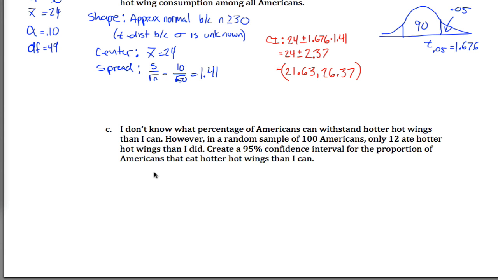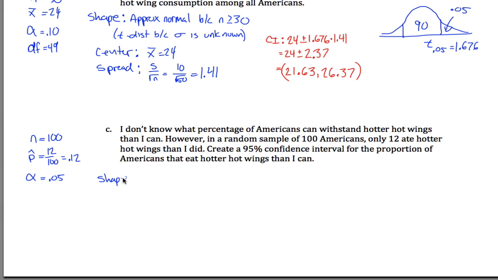All right, this last problem. You can probably guess this is a proportion problem, because we did the other two types of confidence intervals. In a random sample of 100 Americans, p hat is 12 out of these 100, in other words 0.12. And we want a 95% confidence interval, so alpha is 0.05.